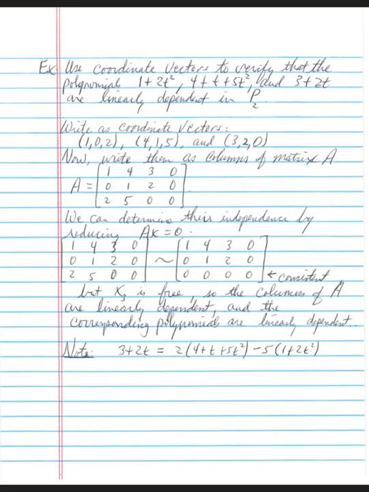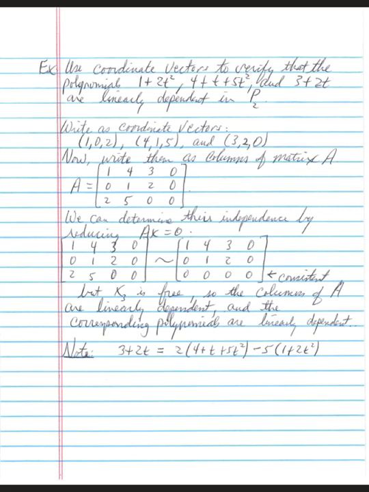Use coordinate vectors to verify that the polynomials 1 plus 2t squared, that's the first one, 4 plus t plus 5t squared, the second, and 3 plus 2t, the third, are linearly dependent in P sub 2, because the highest degree was a quadratic.